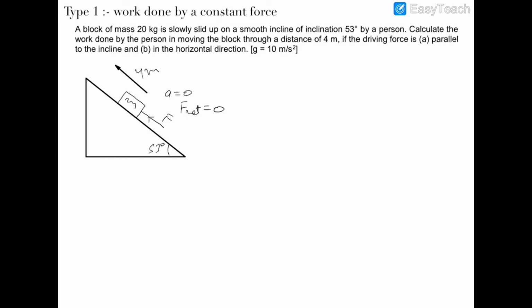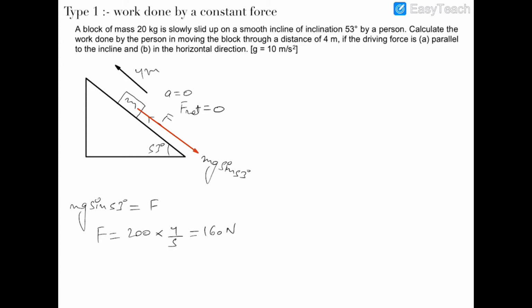So the force which is acting in the downward direction is mg sine 53, and this force mg sine 53 is being balanced by F, so that the block has no net force acting on it. Therefore F is equal to mg sine 53, and mg is 200 and sine 53 is 4 by 5, which is equal to 160 newtons.